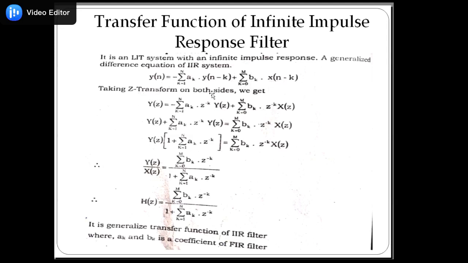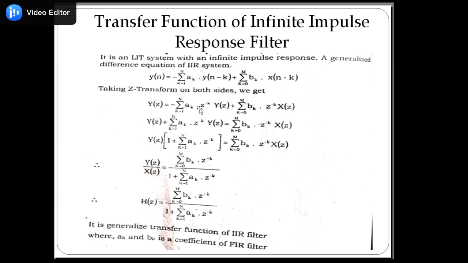Taking z transform on both sides, we get Y(z) = minus summation k = 1 to N a(k) z^-k Y(z) plus summation k = 0 to M b(k) z^-k X(z).